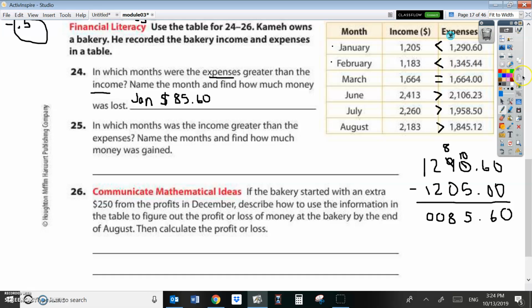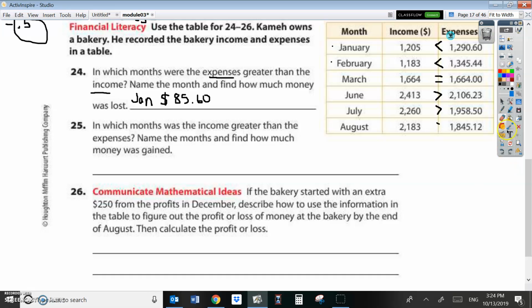Now let's figure out February. Okay. Clean this off. Minus 1183.